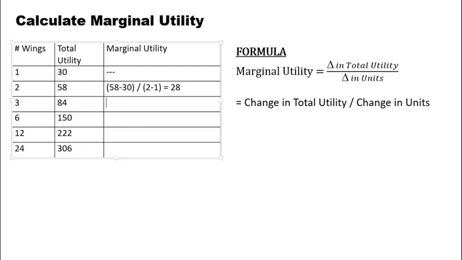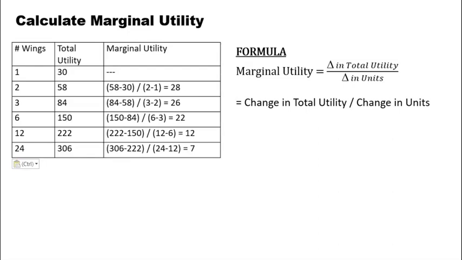This is the same as the previous problem, but you might have gotten used to just one difference in the wings. So let's see if you can figure out the next four. Go ahead and pause the video and we will come back and discuss these answers.